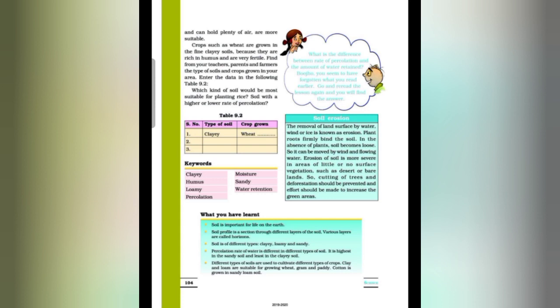The main causes of soil erosion are deforestation, overgrazing by large animal populations, improper farming methods or leaving the land uncultivated for a long time, forest fires, floods and heavy rainfall. So these are the main causes of soil erosion.